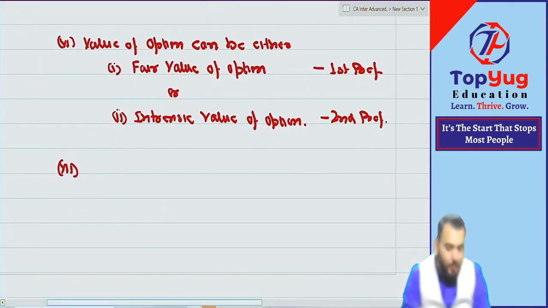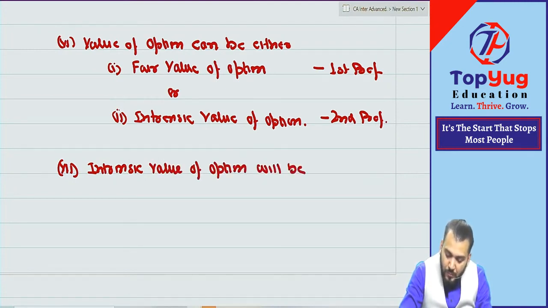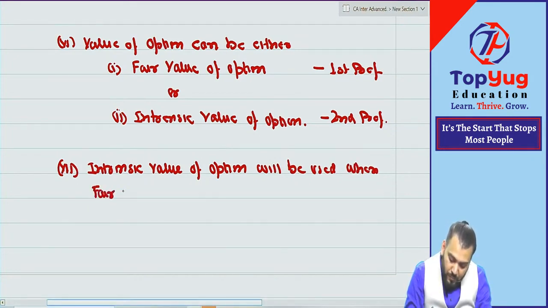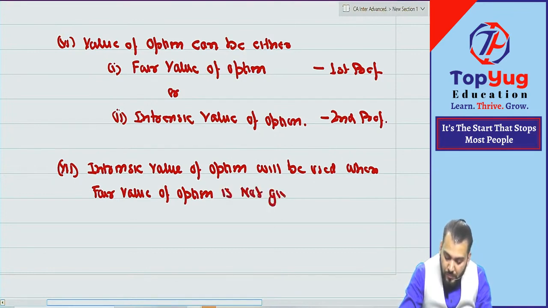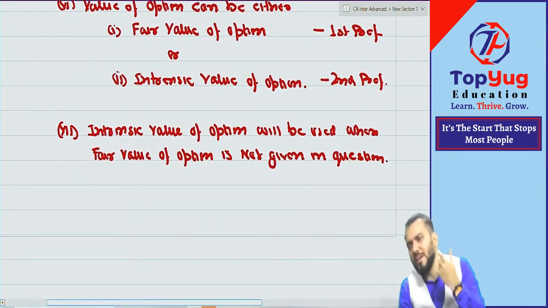So write down point number 7. Intrinsic value of option will be used when fair value of option is not given in the question. 70% chance is that they will not give fair value of option.